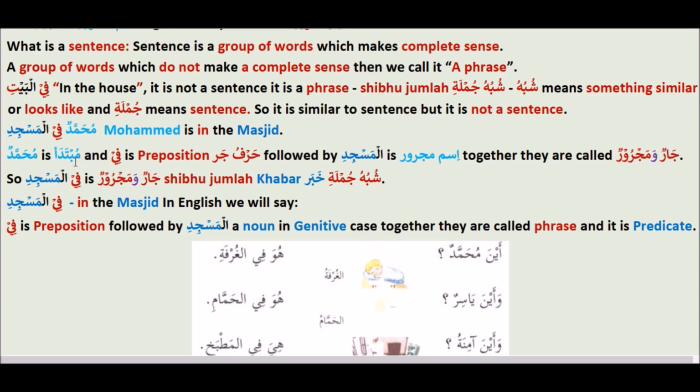So together with mubtada and with shibhu jumla khabar, it becomes a nominal sentence. In English, you can say fi is a preposition followed by al-masjidi, a noun in genitive case. Together they are called a phrase and it is a predicate.